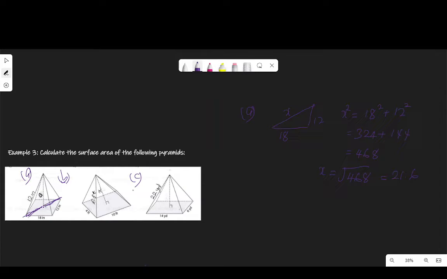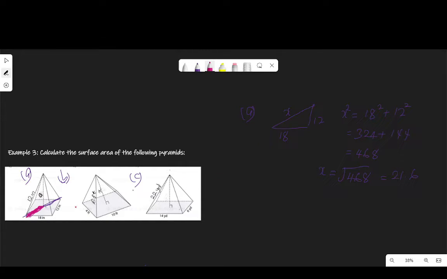Now half of that will give us the length of this line here. With this length, I can calculate the vertical height of this pyramid. Half of the line that we just calculated, 21.6, is this one painted in red.